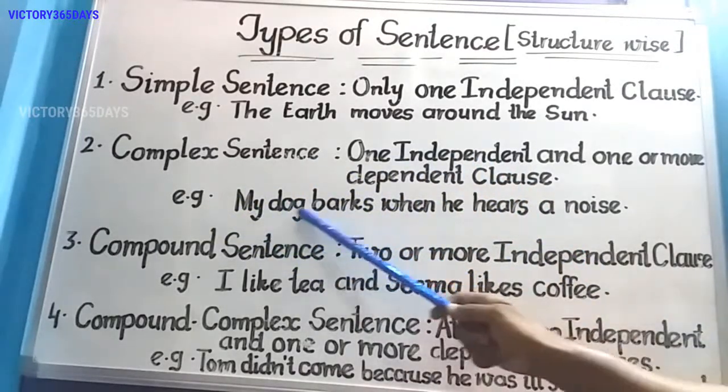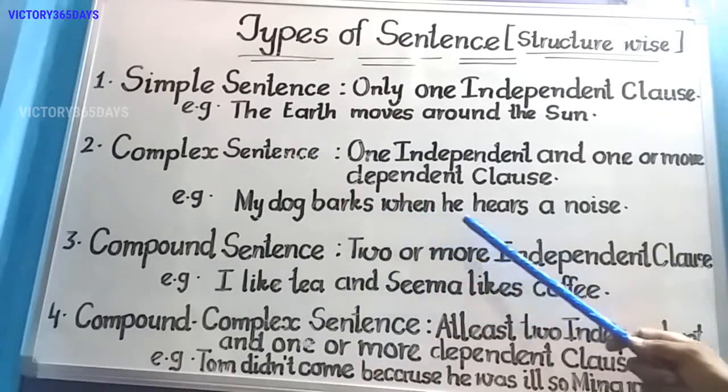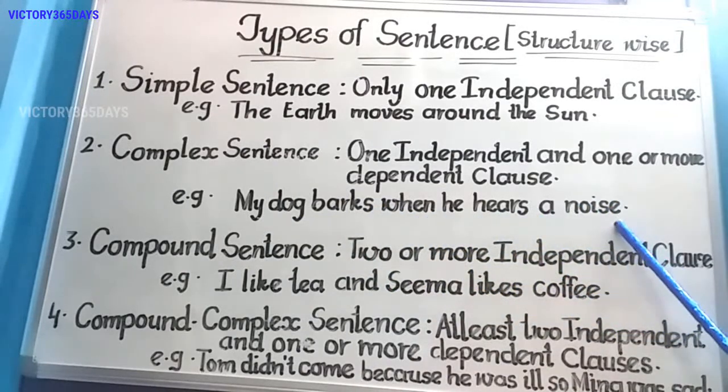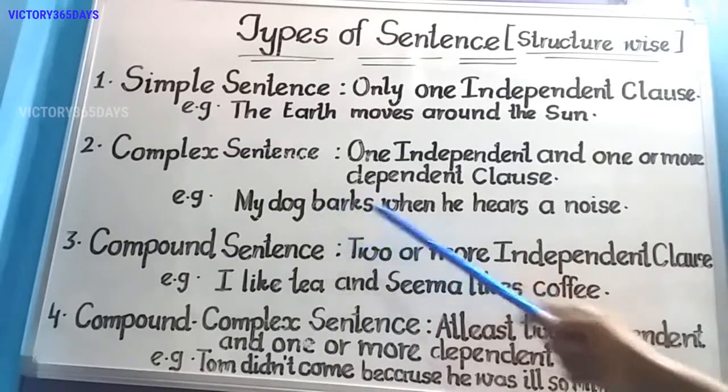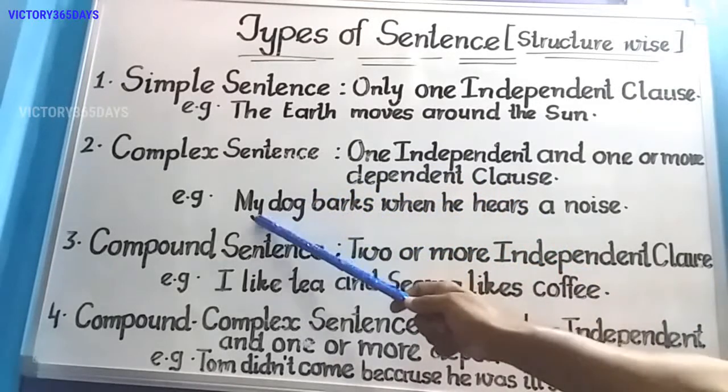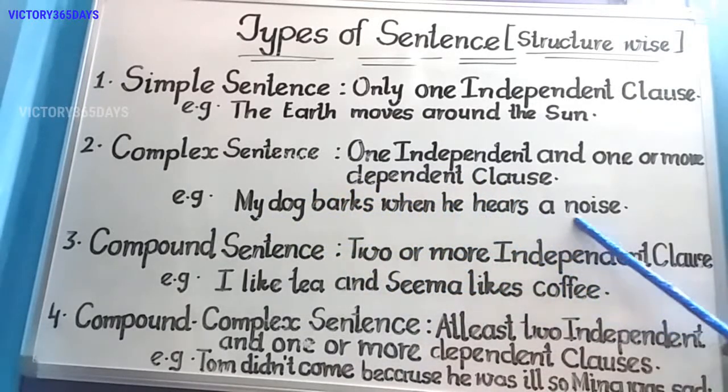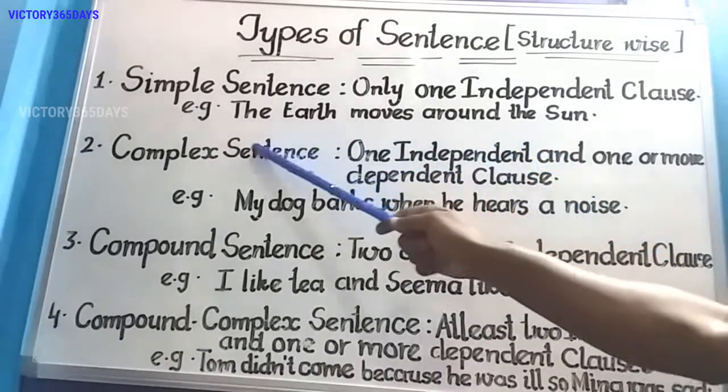This is the independent clause. When he hears a noise, this part is called the dependent clause. So this depends on the independent clause. So one independent clause and one dependent clause. This is called a complex sentence.